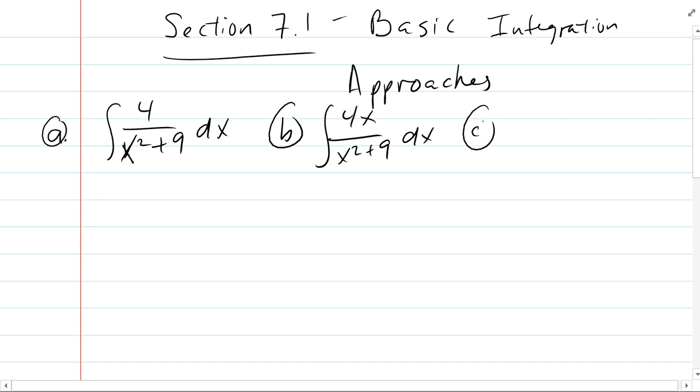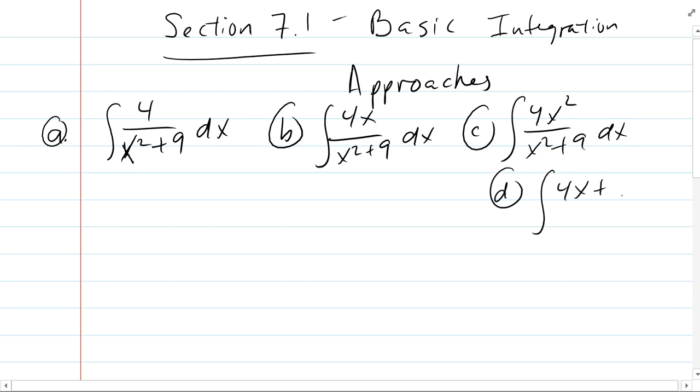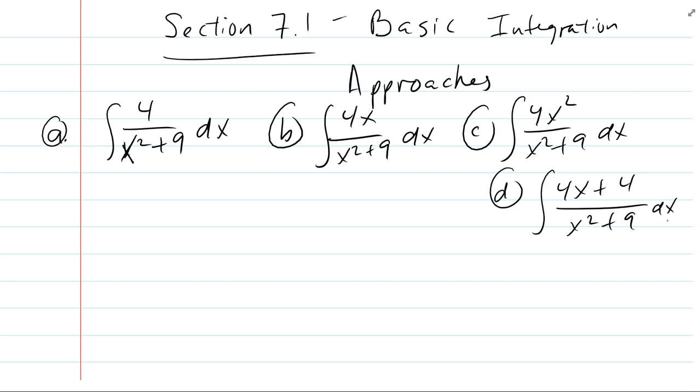My next one is the integral of 4x squared over x squared plus 9 dx. And my last one is the integral of 4x plus 4 over x squared plus 9 dx. All the same denominator. They can be easily confused because the denominators are all the same, but there is a different technique for each one.